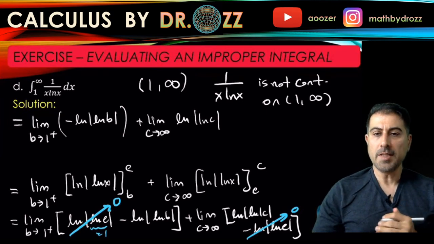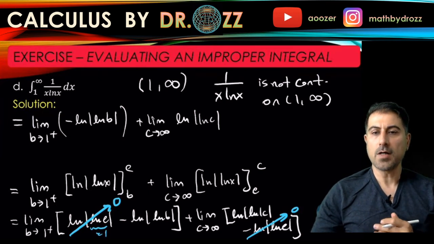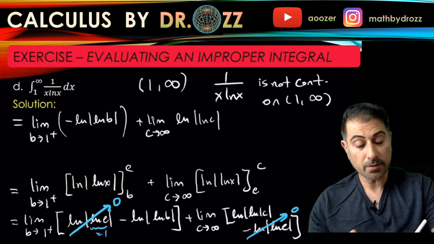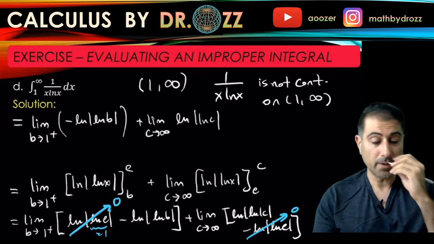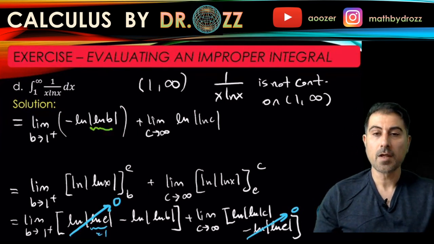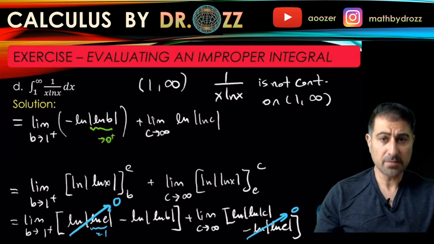So as b approaches 1 from the right, ln b, I'm sorry, is going to tend to 0, but you're on the right of 0. And ln 0 is going to take you to minus infinity.